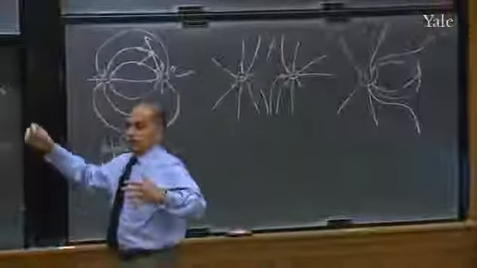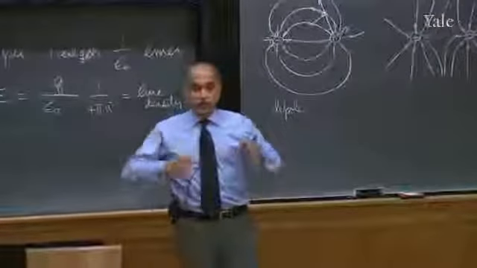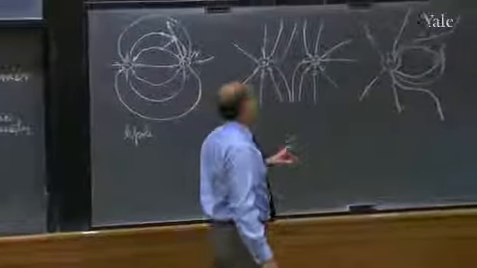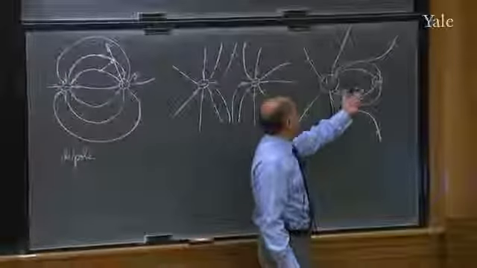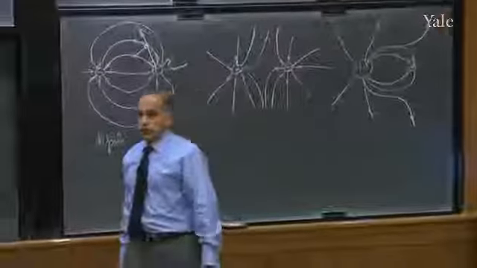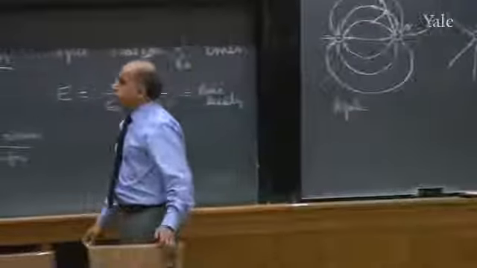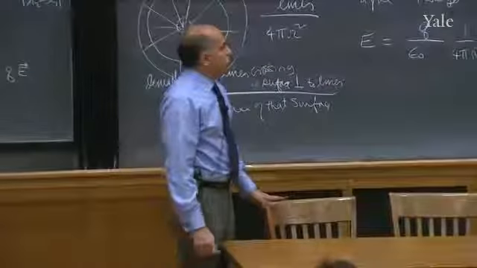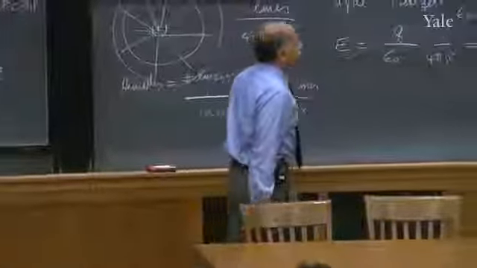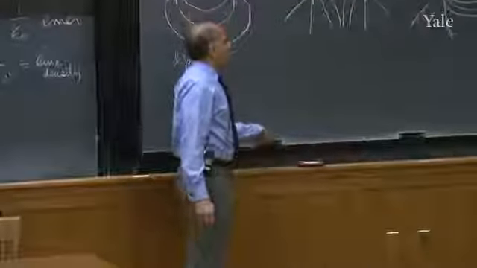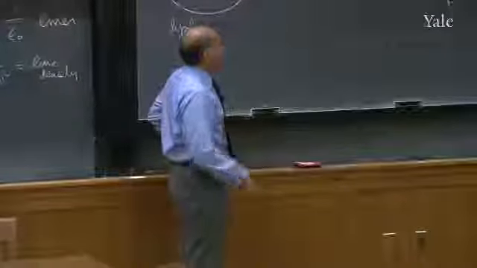Here, if you go very, very far away from the 2 charges, you'll again see radially outgoing lines as if there was a charge q at the center, because 2q and minus q give you a net of q. Okay, so this is the example of a dipole. If you got more charges, it gets more complicated, so people don't usually draw them.